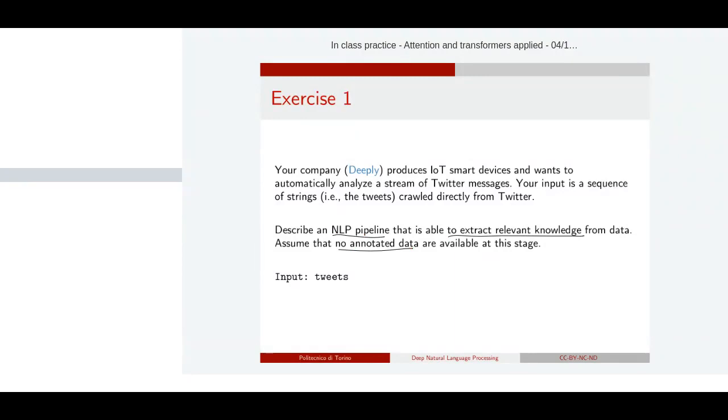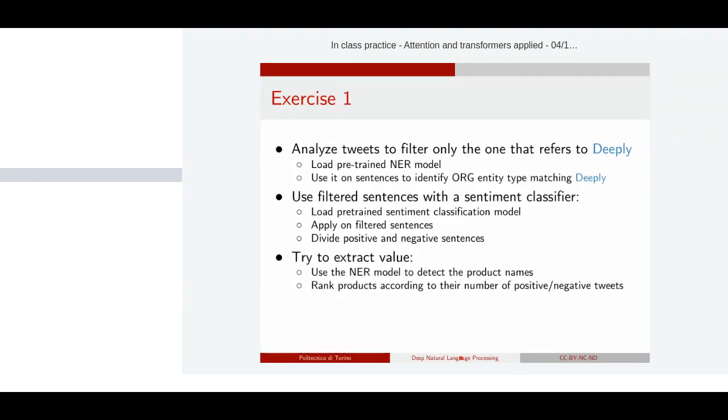For example, you want to analyze if people are talking about Deeply products, bad or good. A solution can be that you analyze the tweets to filter only the ones that refer to Deeply. To do this, you can load a pre-trained NER model. You use it on sentences to identify the organization if you match Deeply as an entity. You use the filtered sentences, and you use a sentiment classifier. You load the pre-trained sentiment classification model.